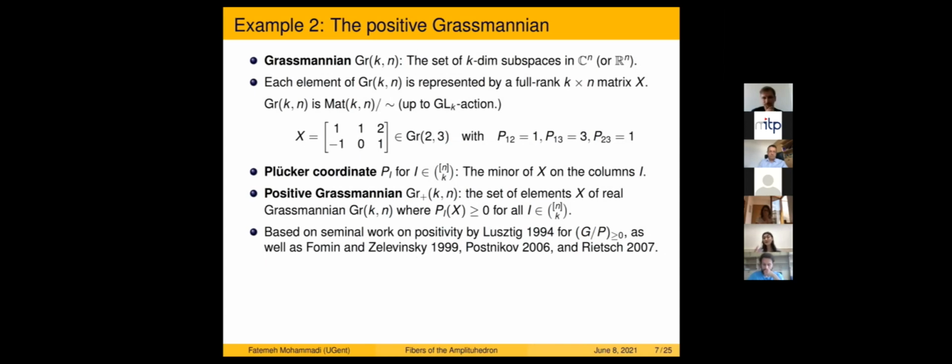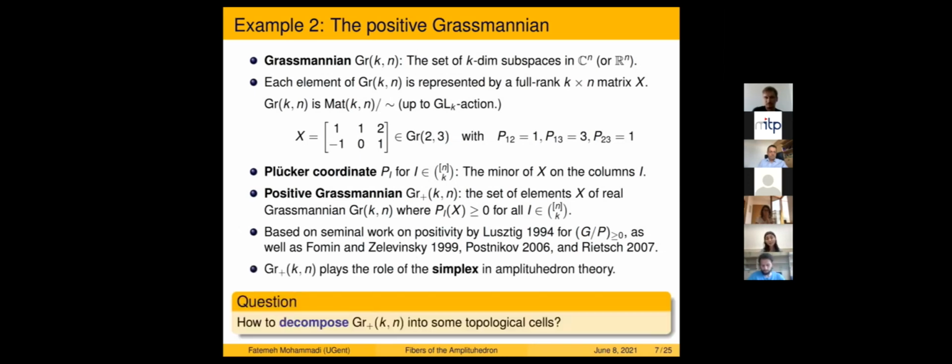These have been studied a lot, and we've seen these positivity properties show up, like in yesterday's talk, in Pavel's talk, in cluster algebras and many more contexts. Now the question is, given this positive Grassmannian, can you find a nice decomposition of this geometric object?